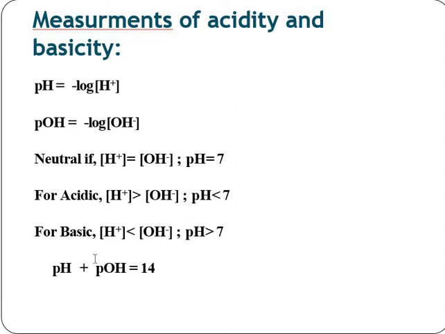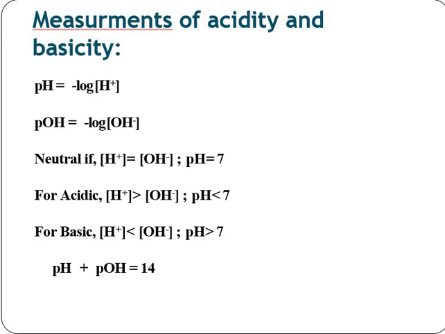Similarly, if the concentration of H plus ions is less than the concentration of OH minus ions, the solution is basic in nature and the value of pH will be greater than 7. In this way, we can find out the acidity and basicity of given substances.